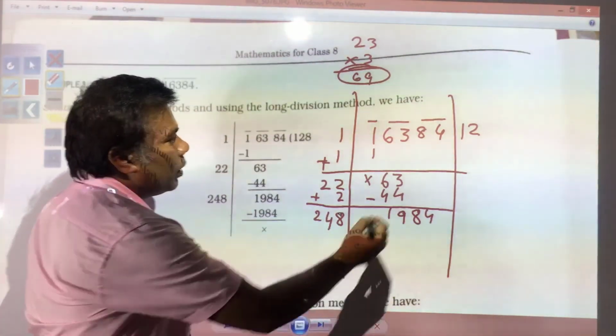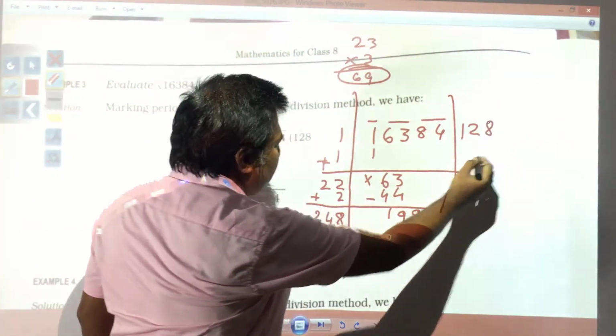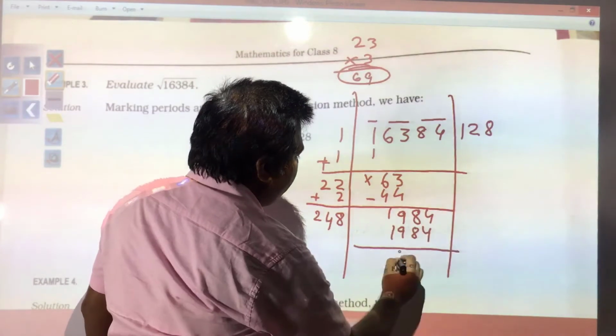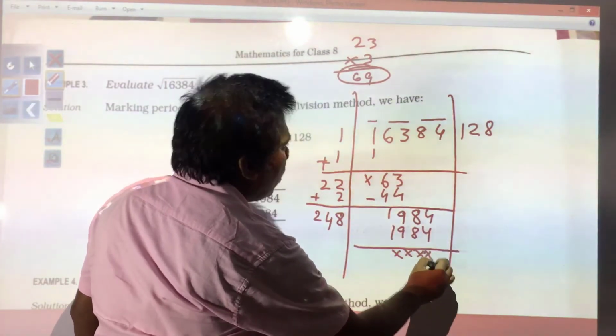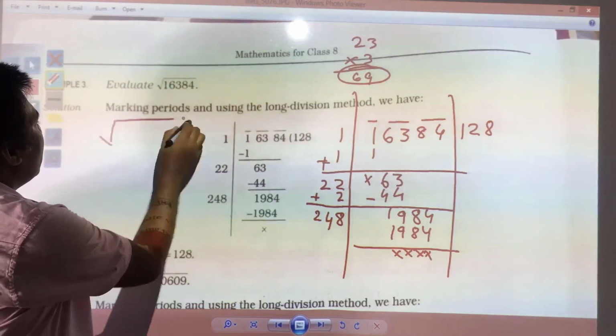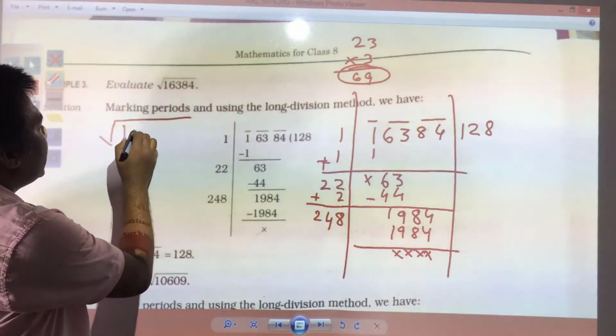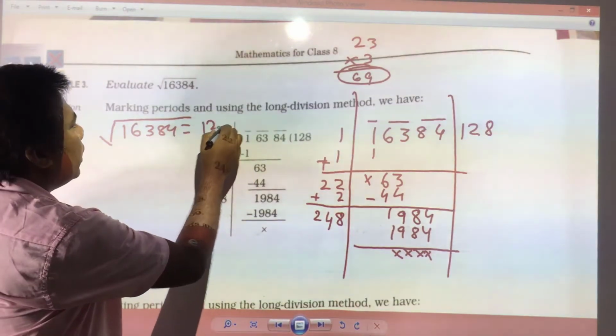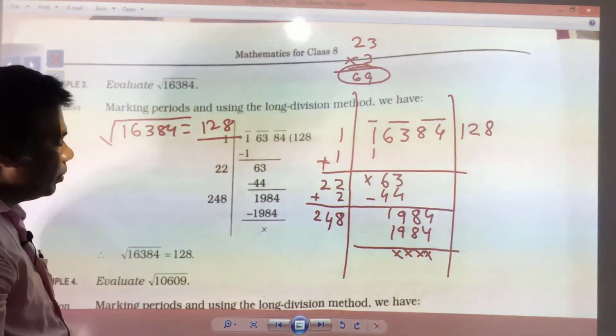So, by 8 if you multiply, you will get the same number 1984, and your square root of 16,384 will be 128. This will be your answer.